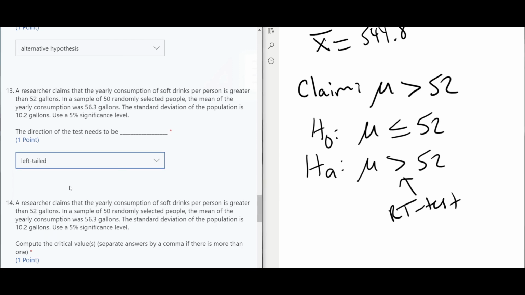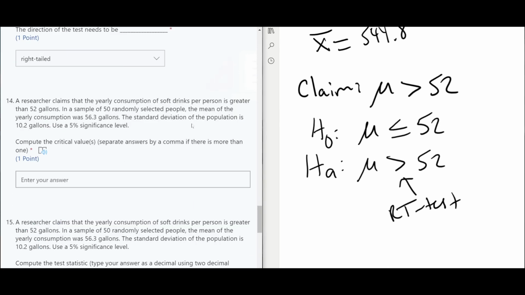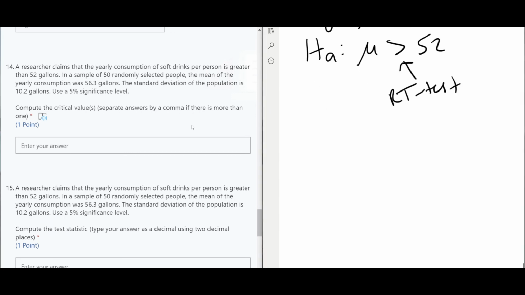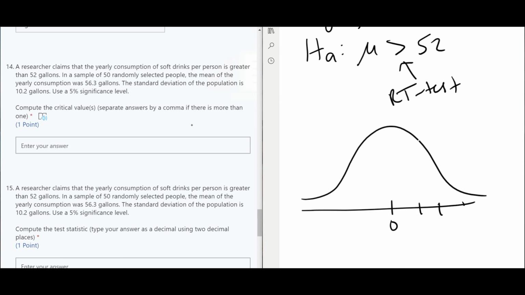Okay, so right-tailed. Now we're going to compute the critical value. So again, let's draw out the curve, the standardized distribution. Now we don't know where the critical value is going to be, but we do know that it's a right-tailed test. So let's just say it's somewhere over here. That's my Z crit.